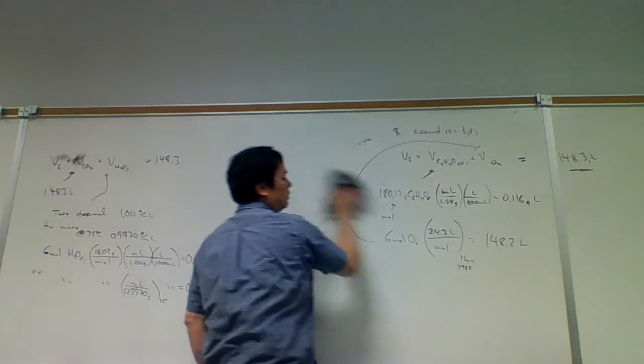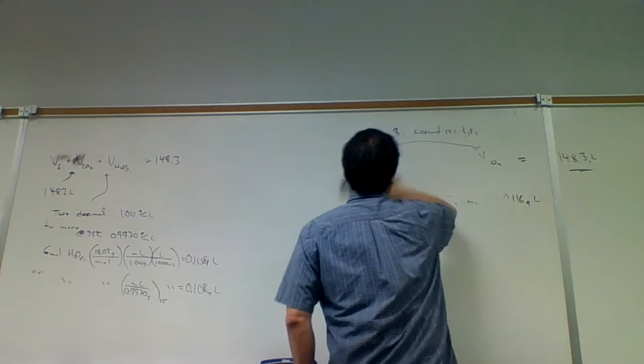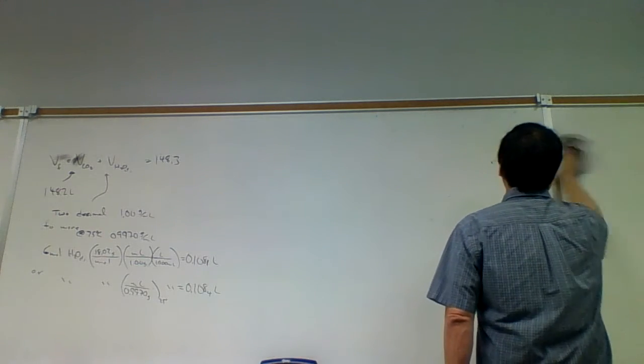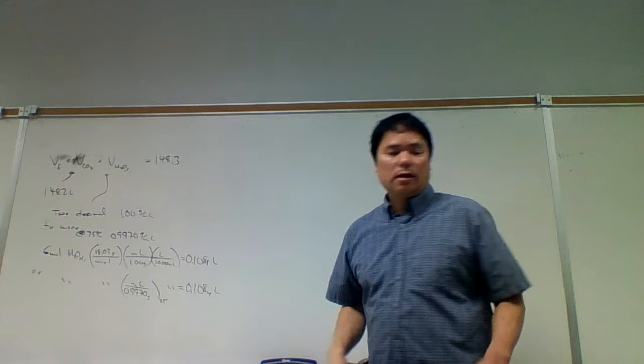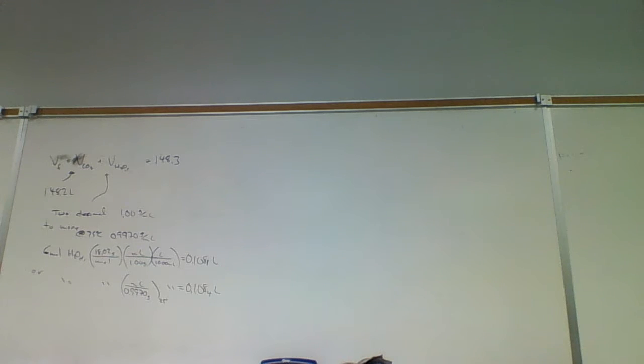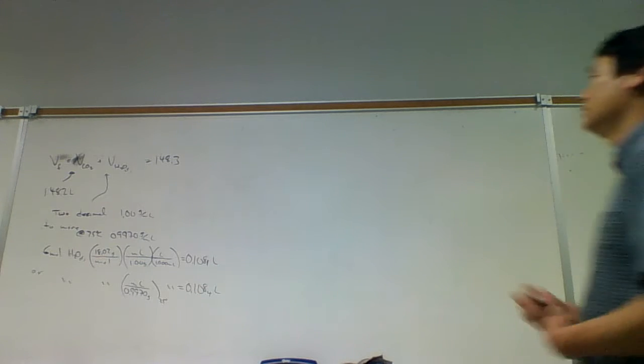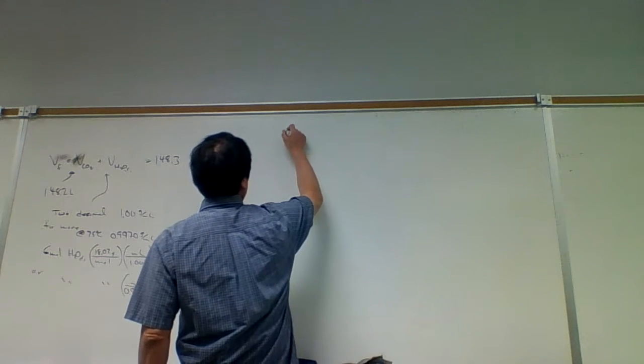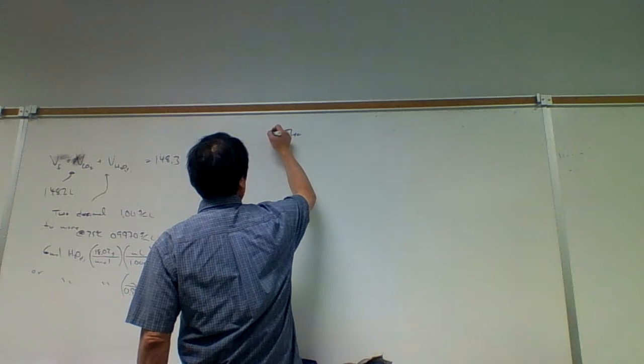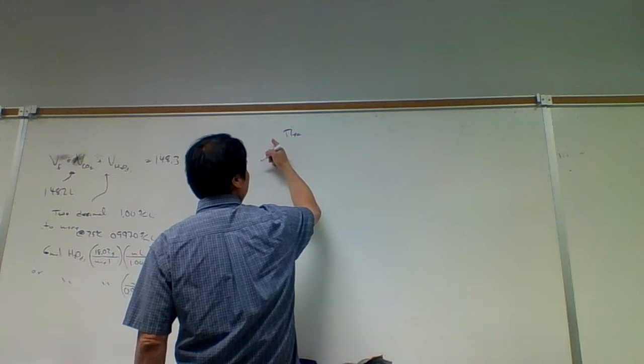And so what we're going to do here is a more accurate calculation, saying that O2 and CO2 aren't equally ideal. CO2 is less ideal than O2. And so the next calculation is we're going to treat the gases as real.